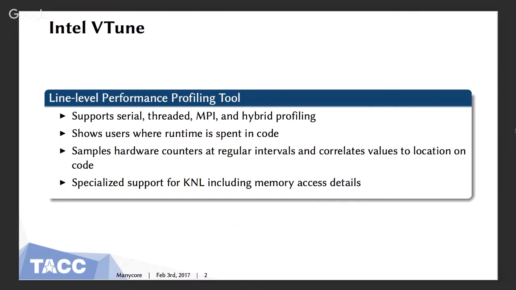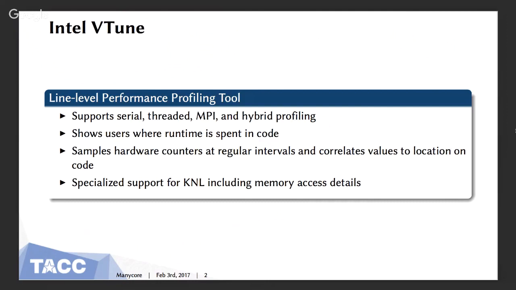If you're not familiar with the term hybrid, it's just when a code uses both MPI and threading. I would say that it does a better job with serial and threaded code than it does with MPI code. It loses some of its slickness when you go to MPI.